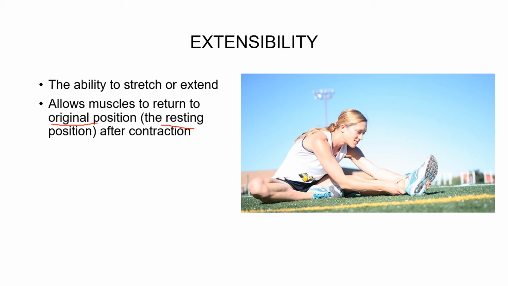We kind of want the sweet spot regarding our skeletal muscle cells. So we'll talk more about this later on. So just a quick recap, 3 big characteristics of muscle. They are able to be excited or irritated by the nervous system. They're able to contract, and then they have this extensibility, this ability to stretch.